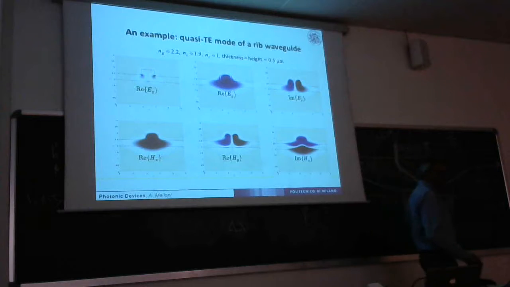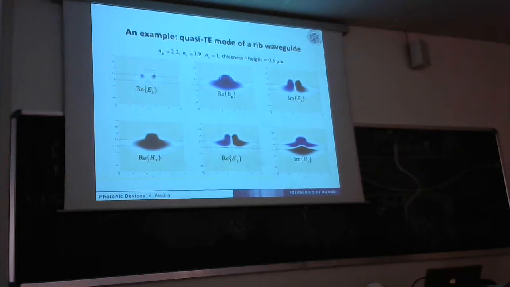However, depending on the intensity of the longitudinal component, sometimes you have a very strong magnetic field and a weak electric field, so let's call it quasi-TE or TE. Sometimes you have a weak magnetic field, so the mode is hybrid, and we call it quasi-TM or TM.